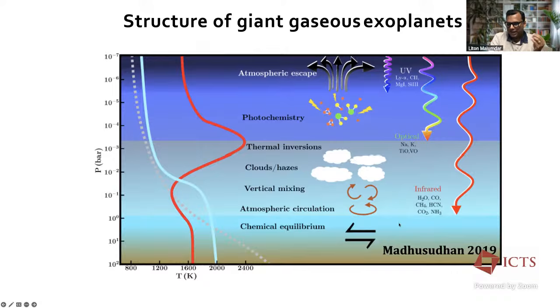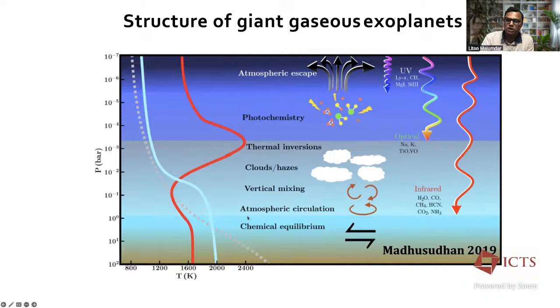In the atmosphere where temperature is very high, we expect to have chemical equilibrium because chemistry is very fast. As a result, your forward reaction rate and backward reaction rate become equal. And you probe chemical equilibrium processes very close to the surface, where you can think about your high pressure regime.